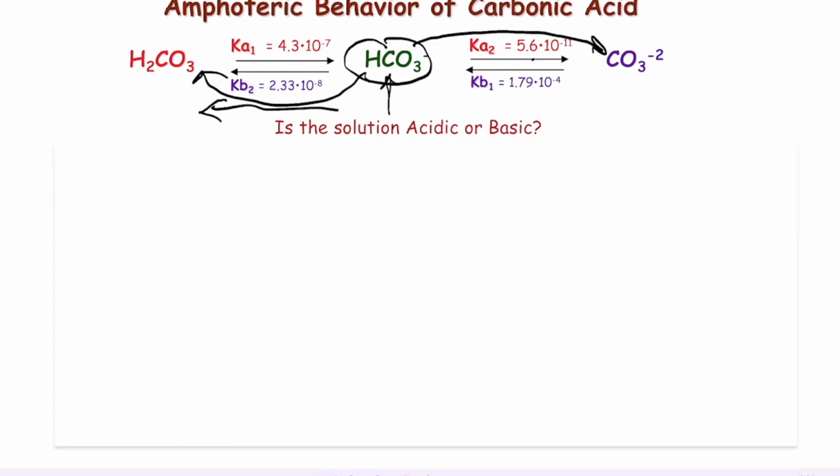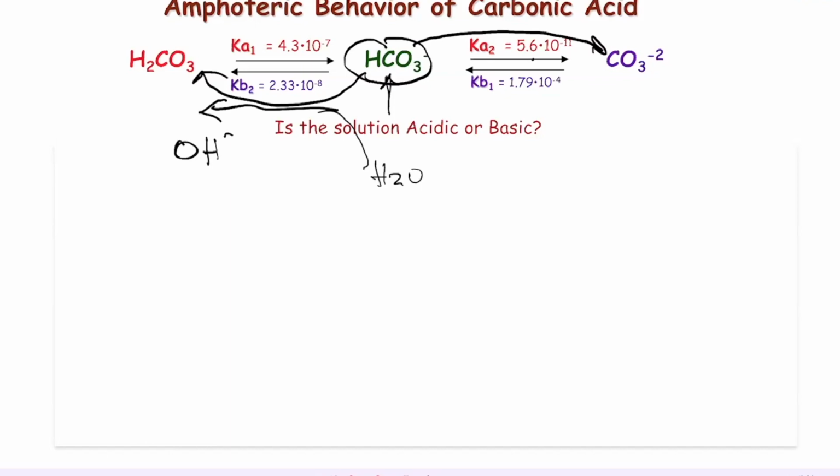Again, we're letting equilibrium answer our question. If that's the preferred path, where bicarbonate will form carbonic acid, in the process it's going to take water, because water is plentiful there, and water is going to give up that hydrogen, because that's the only hydrogen source in your solution, to form hydroxide. Because we're forming hydroxide, that's a Kb, and the solution is going to be basic.